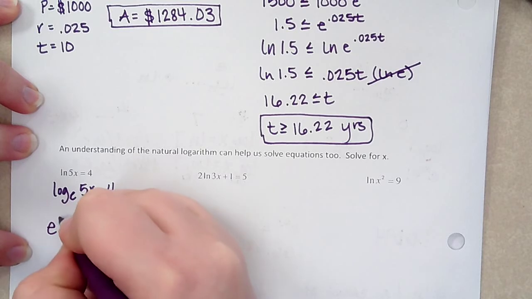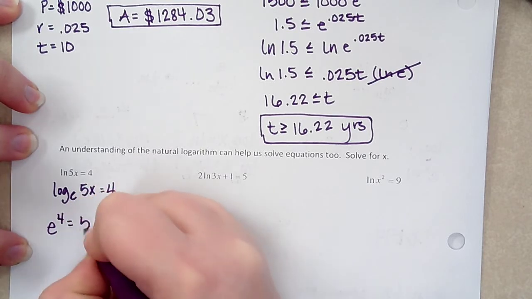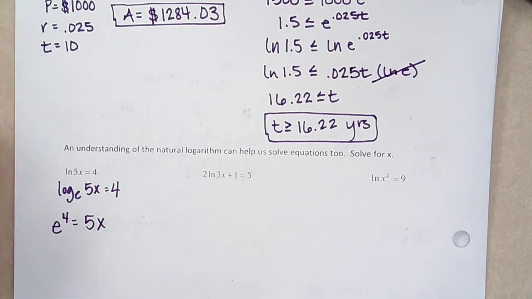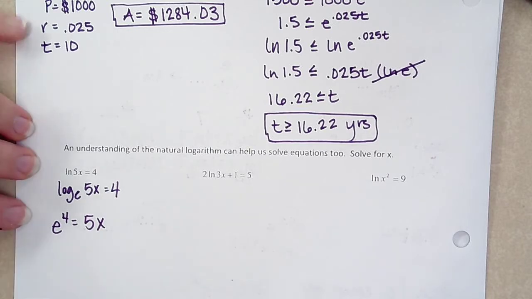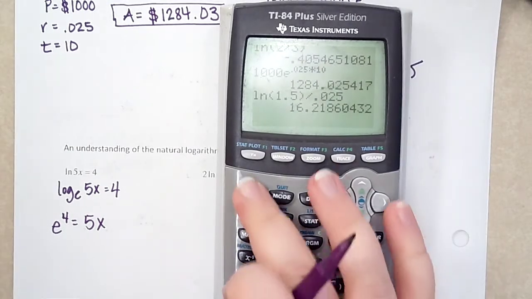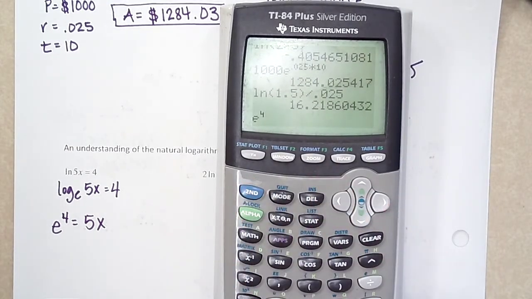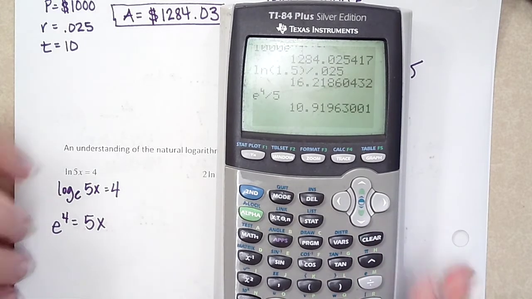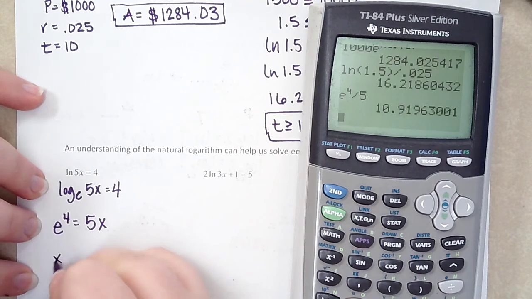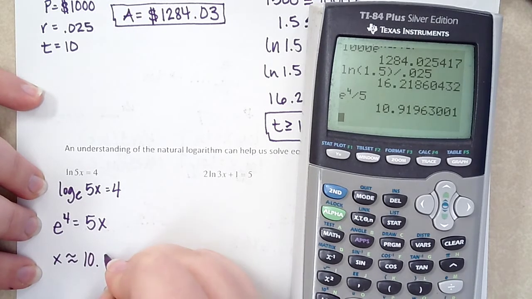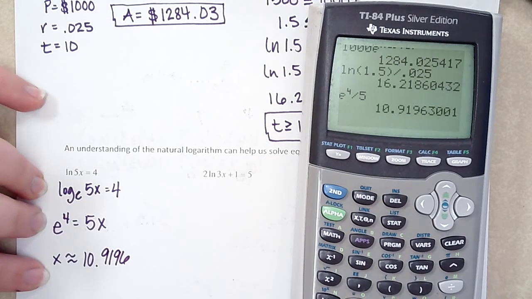And I can say that e to the 4th is equal to 5x. Once I know that, I can plug it into a calculator because I know e is just a number. So e to the 4th divided by 5 gets x alone, and x is approximately 10.9196.